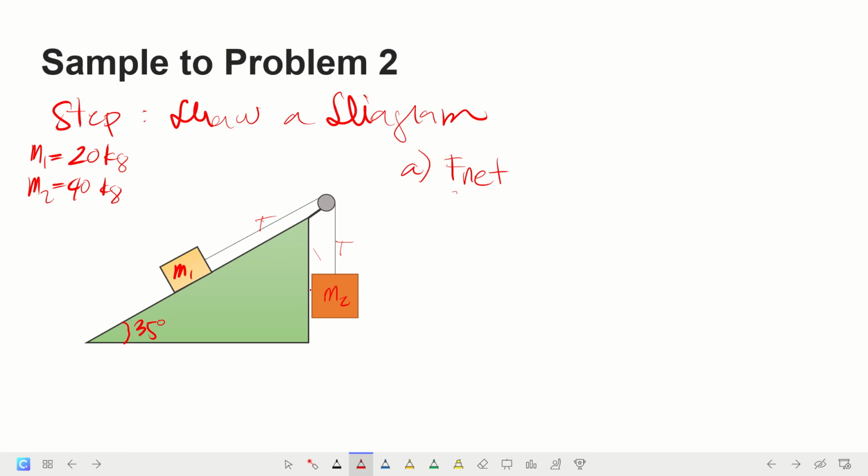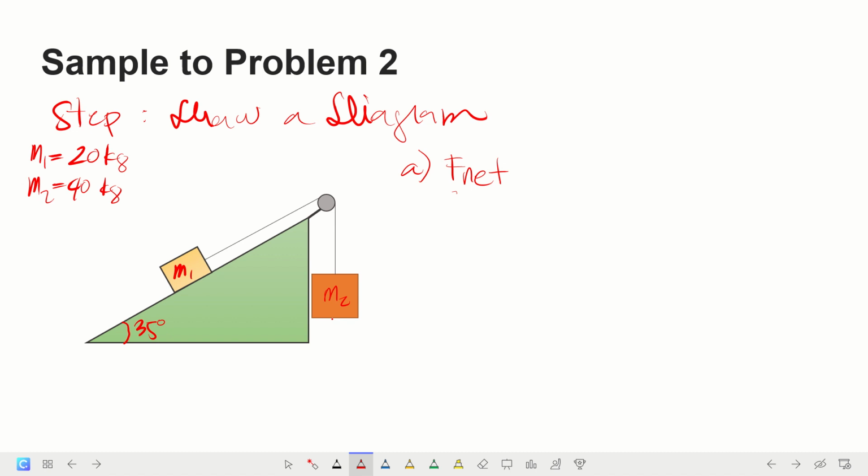So, since they have a mass, the only force that will act on these masses is the force due to gravity. So, tanggalin muna natin si tension force dito. So the only force that will act on these two bodies, two masses, is the force due to gravity.